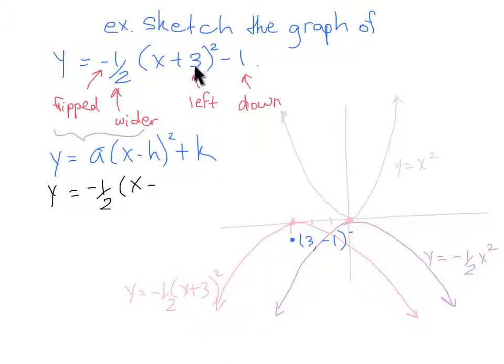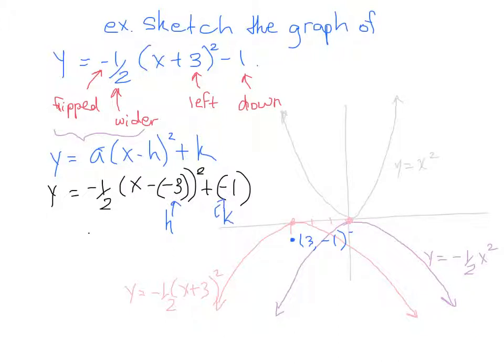So that means we're actually subtracting -3 here. So x minus -3, squared plus, and here, check it out, we have a -1 here. So we're adding -1. So our h value is -3 and our k value is -1.